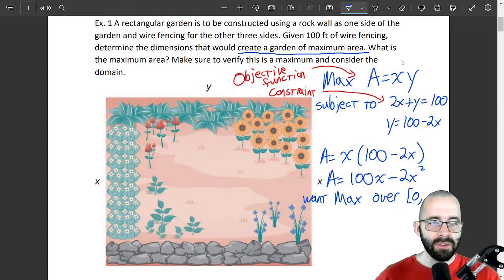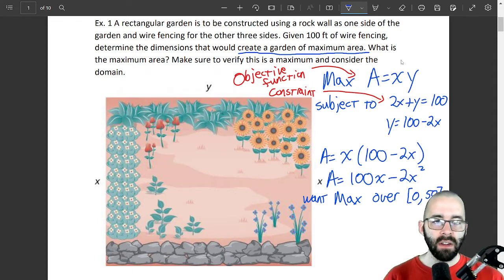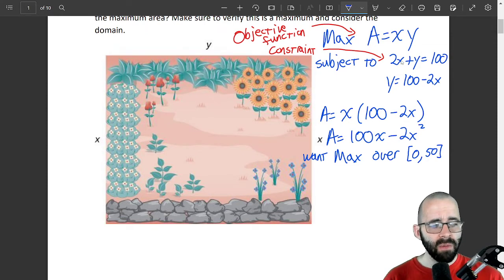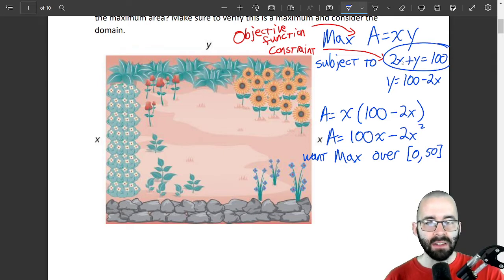Let's include the 0 so it is indeed closed. And what's the biggest x can be? 50 feet. Where did that come from? That's because y has to be at least 0 as well. So even if y is 0, what's x going to be? x is going to be 50 feet if y is 0.